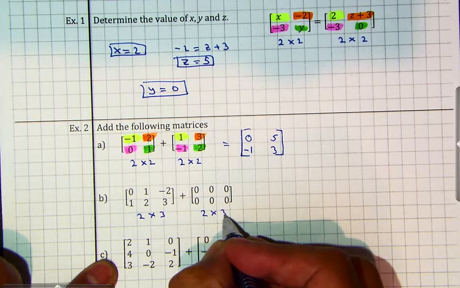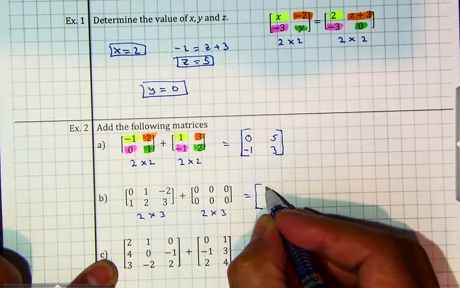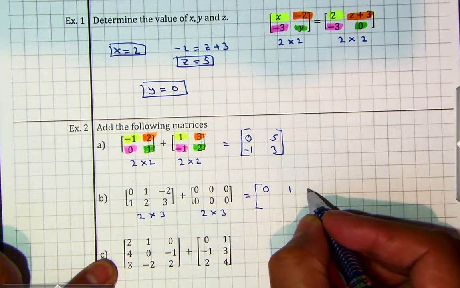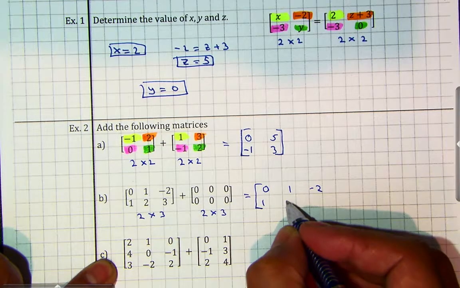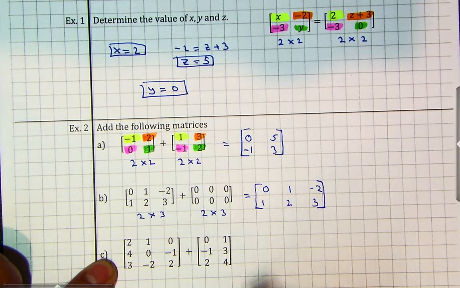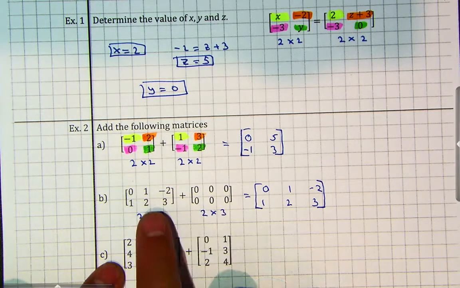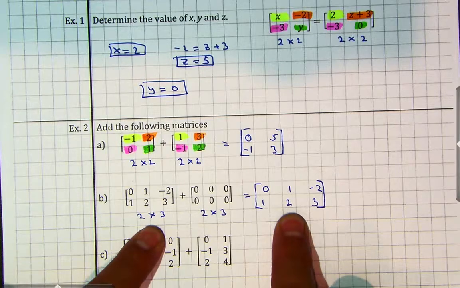So therefore, we are able to add them. 0 plus 0 is 0. 1 plus 0 is 1. Negative 2 plus 0 is negative 2. 1 plus 0 is 1. 2 plus 0 is 2. And 3 plus 0 is 3. So this is called the zero matrix. Therefore, whenever you add a matrix to the zero matrix, you end up with the matrix itself. Correct? Makes sense.